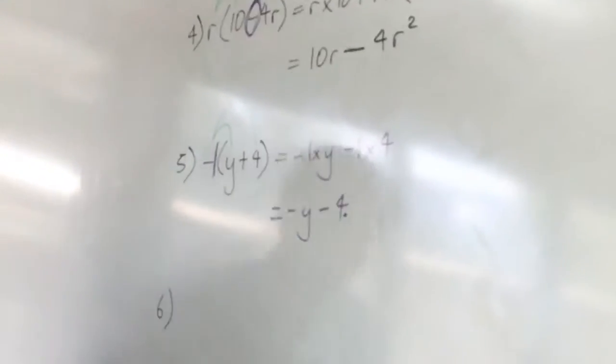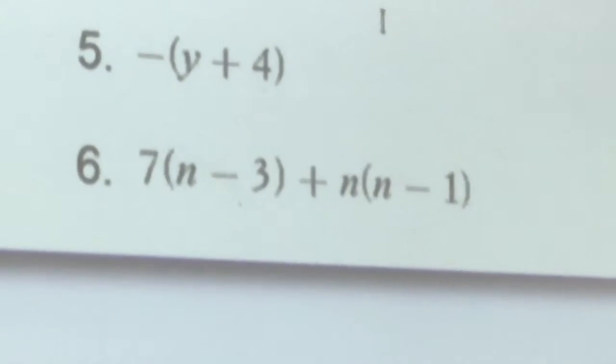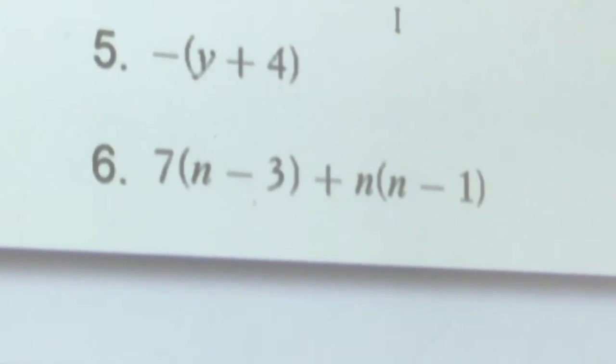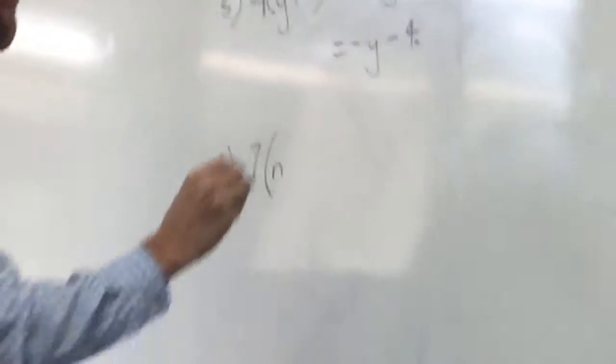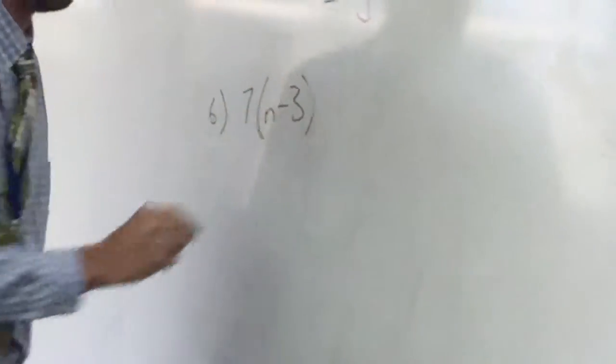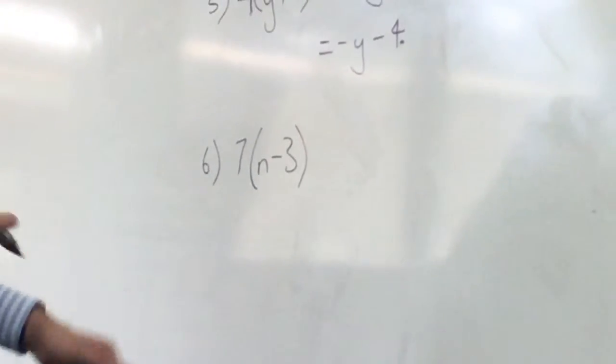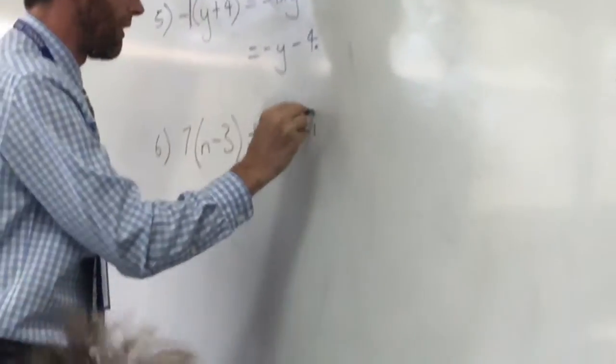One more question to go. And this one looks the most complicated. Look at it. It looks much longer. Don't get scared by it. Break it down and you can do it. It's actually not too bad. So, just let me write it down first. Make sure I get it right.